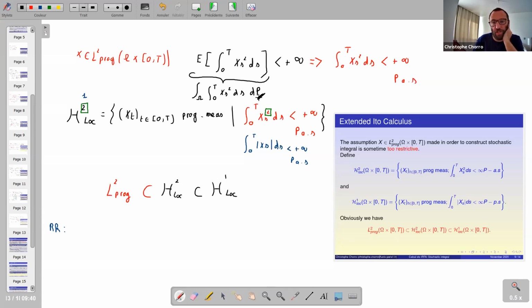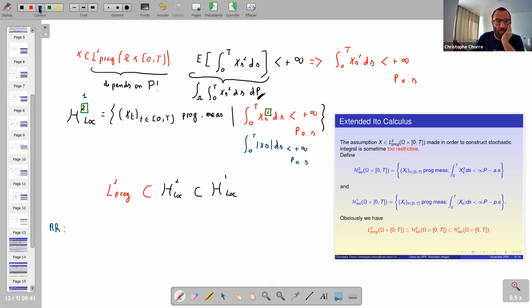If you change the initial probability, in general, you change the integrability. So this definition here, you can write it this way, it depends on the choice of P. But it's not totally true for the definition of H1 log and H2 log. Why?